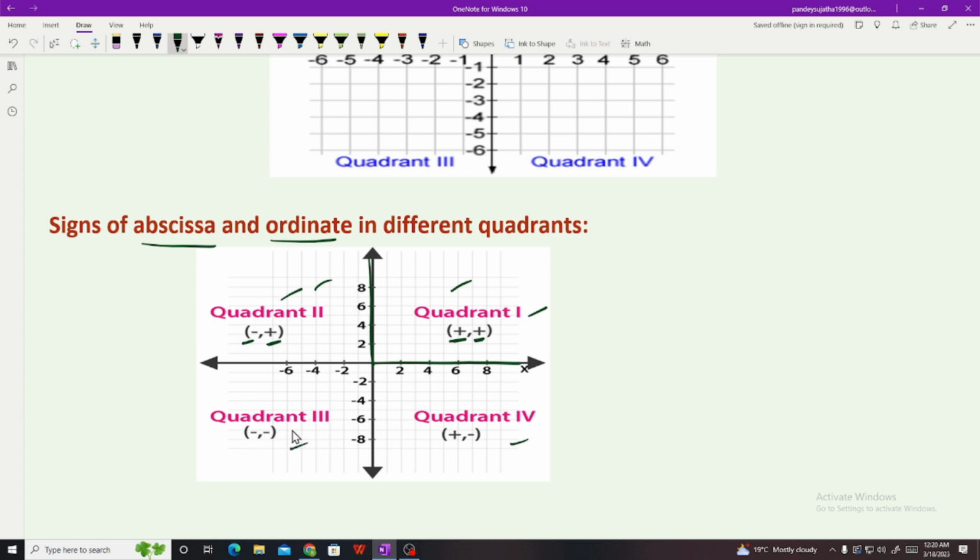The third quadrant is formed with the negative x-axis and negative y-axis, so both coordinates are negative. And the fourth quadrant is formed with the positive x-axis and negative y-axis, so the x coordinate is positive and the y coordinate is negative.